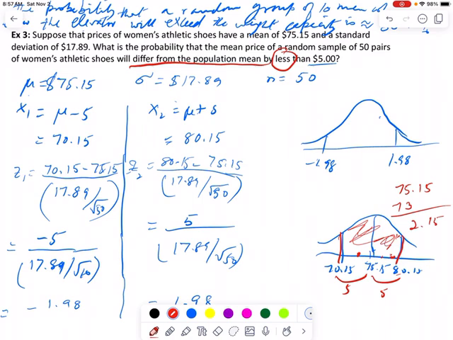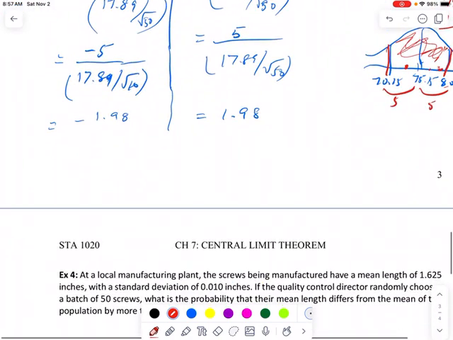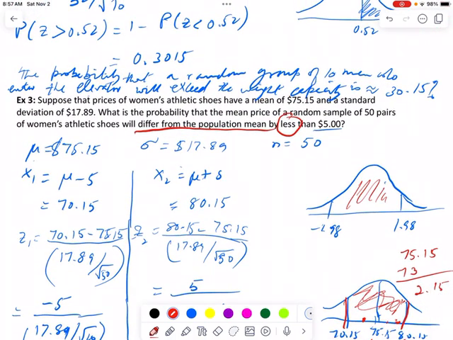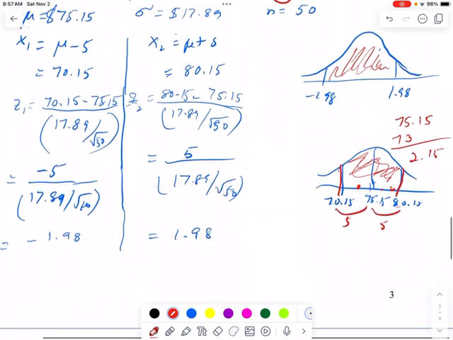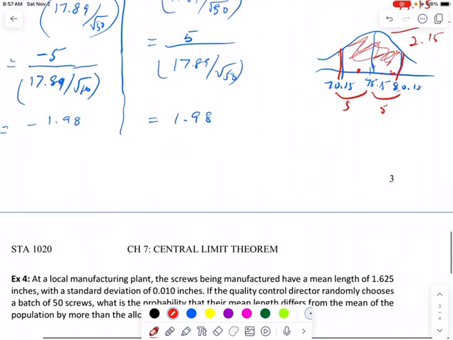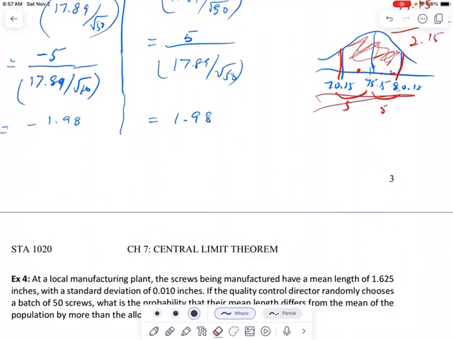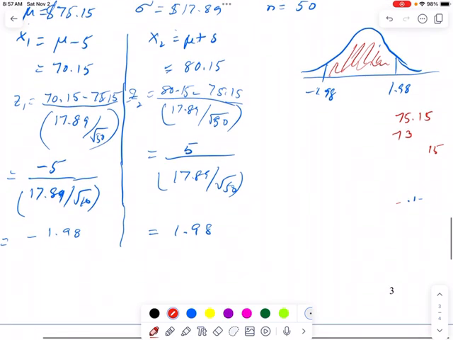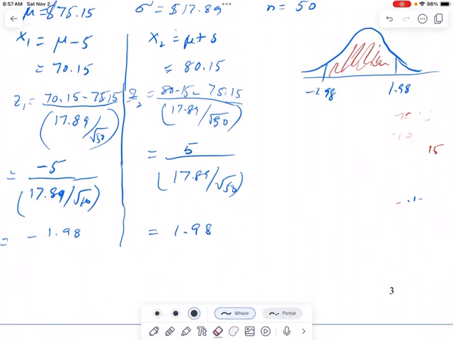So now, how do we find this area? If you recall, I go here and I will say, okay, we want to find this area. So now we find our area. You remember how you find the area between two numbers? We have to find it from the table.